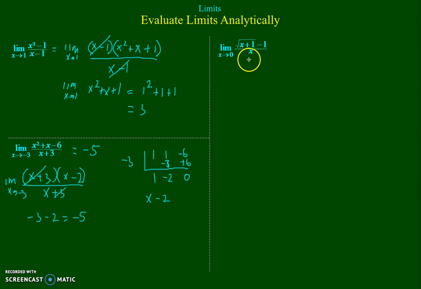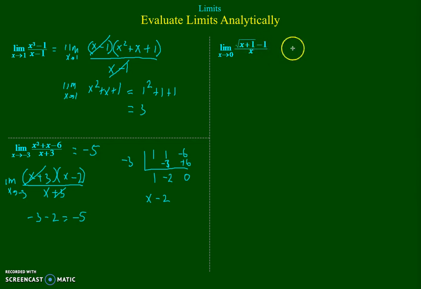Now, when you're dealing with radicals, one of the things you always want to think about is the idea of conjugates. And if you remember from your days of imaginary numbers, and you looked at complex conjugates, rational functions also have conjugates here.